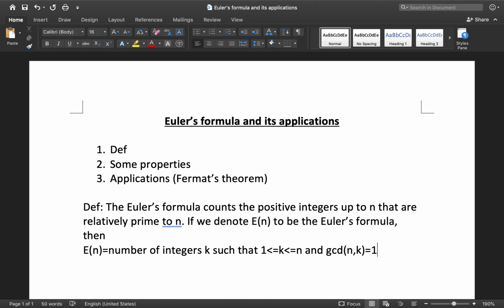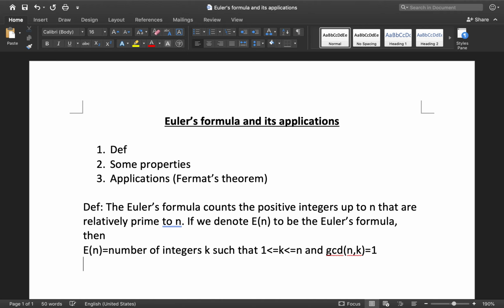So we just count the number of positive integers between 1 and n that are relatively prime to n. That is a function. That means Euler's formula En is a function on positive integer n.